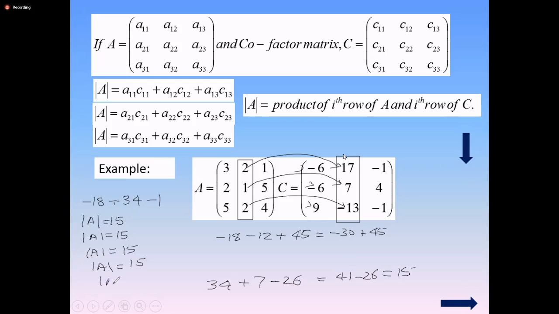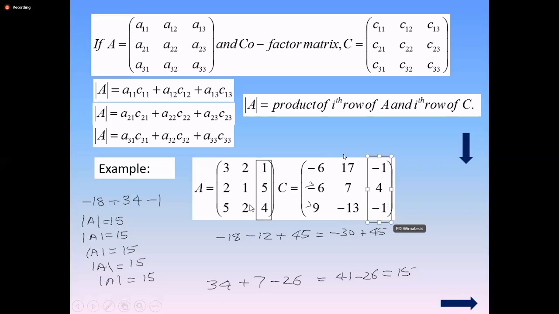Another way. There is a special property with that. Then go to the third column and third row. Now I will select the third row and third column. Now multiply them together and add them.